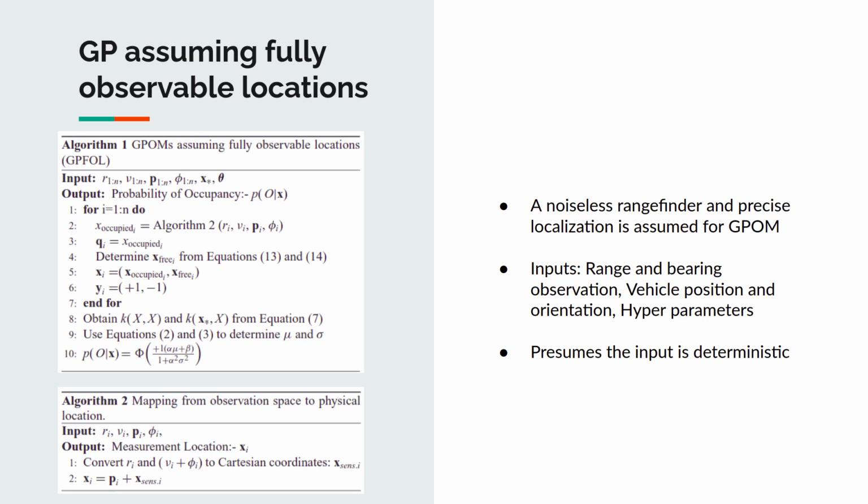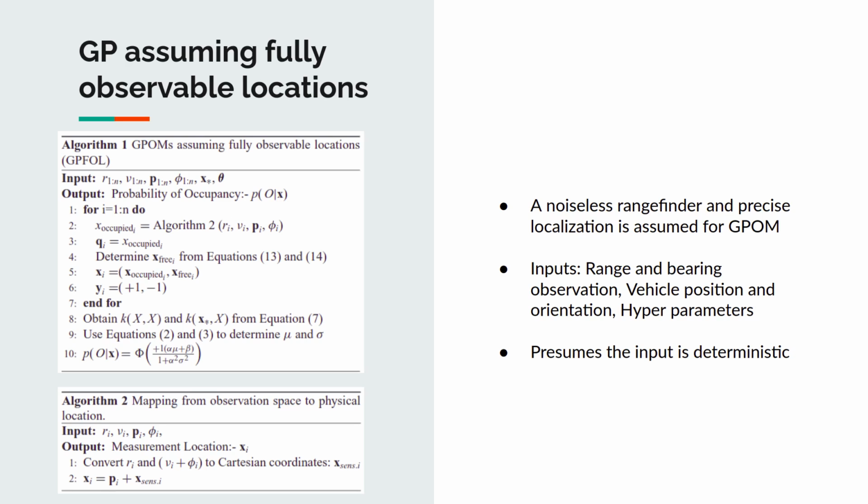The input to the algorithm includes the range and bearing observation from the laser sensor and the localization of the vehicle. The hyperparameters are set appropriately. After the hyperparameters are set, the observations are mapped into Cartesian coordinates and the occupied cells are determined.